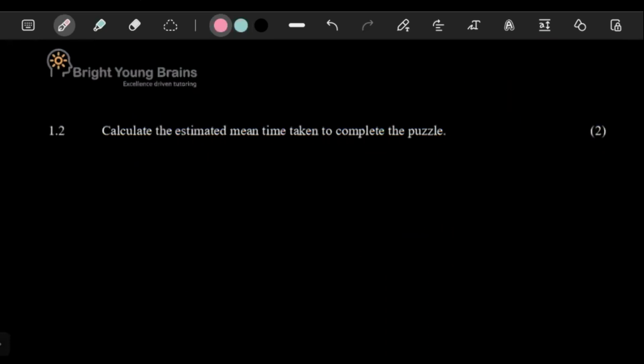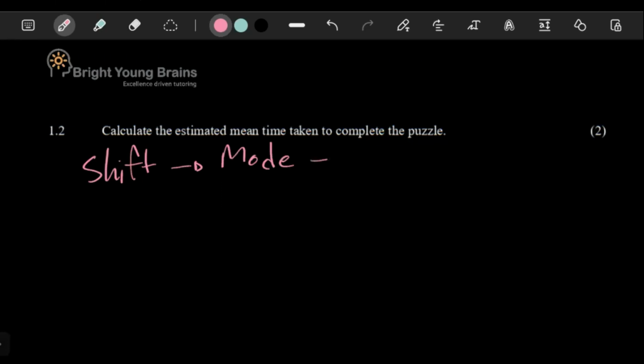So this is what you do. In your calculator, these are the following buttons that you're going to press. You're going to press shift, then mode, and then you press mode.